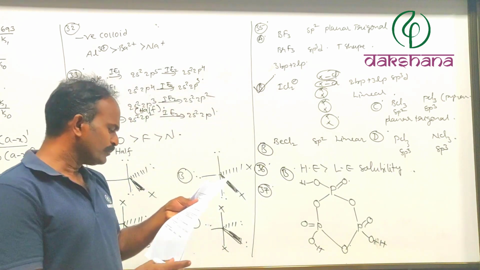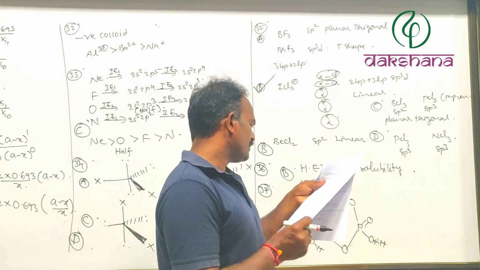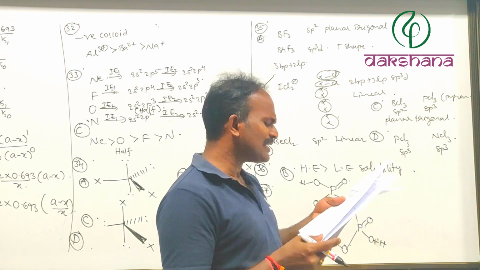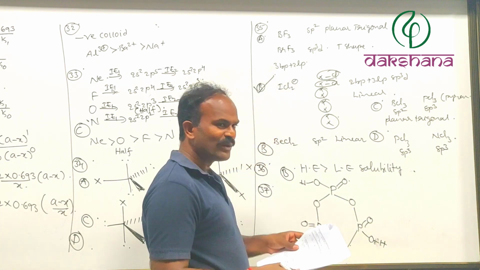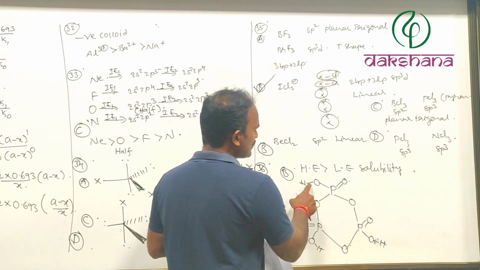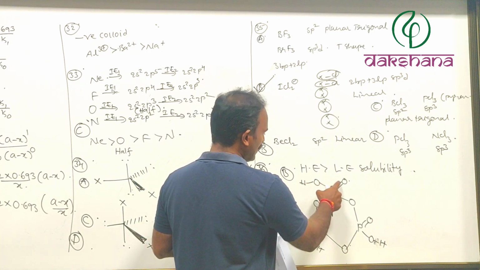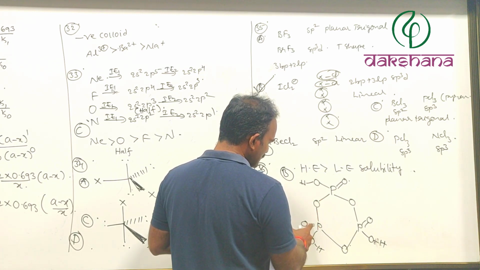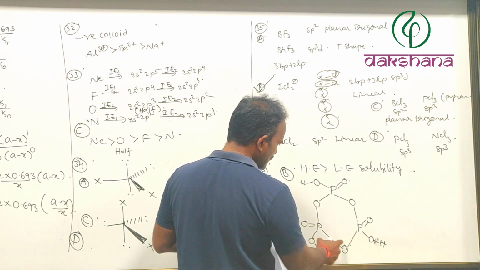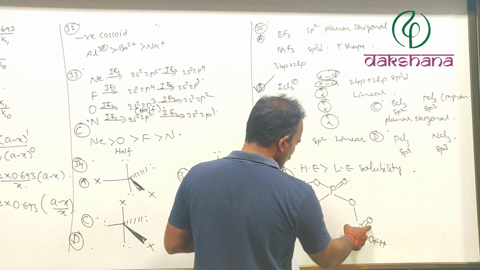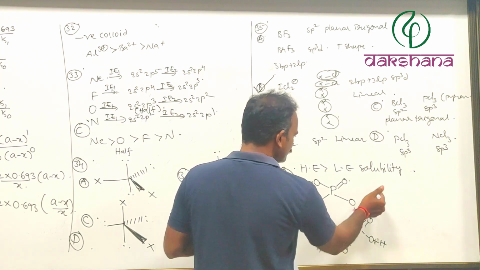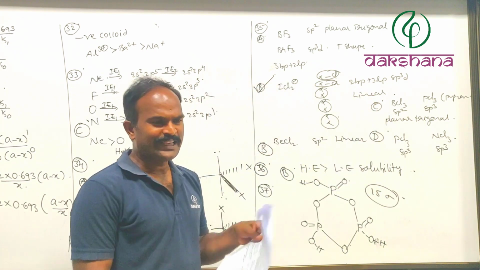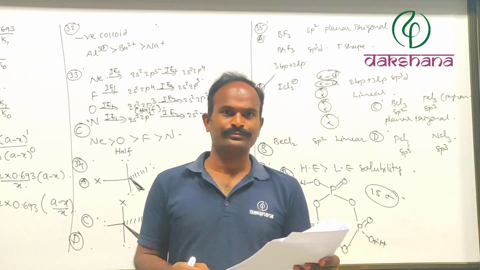Now what they are asking in cyclotrimetaphosphoric acid is, how many sigma bonds does it contain? So they need the sigma bonds. Counting 1, 2, 3, 4, 5, 6, 7, 8, 9, 10, 11, 12, 13, 14, 15. Therefore it contains on the whole 15 sigma bonds.